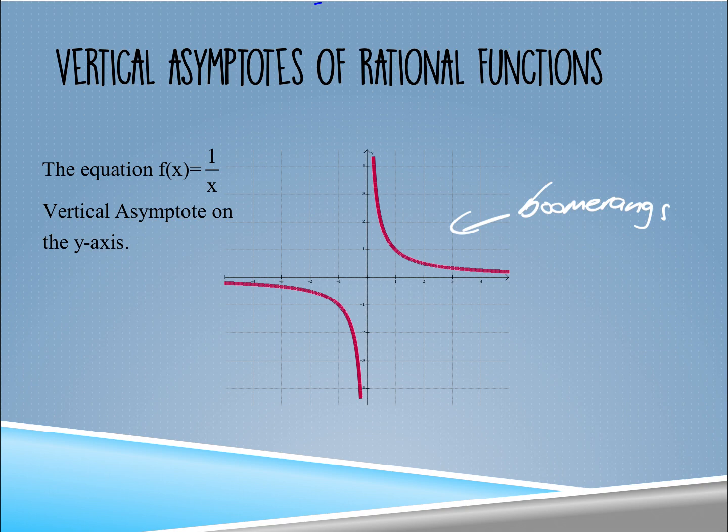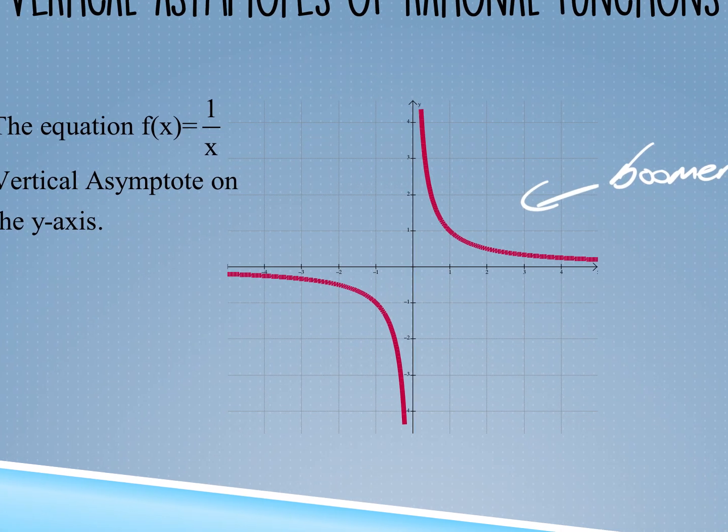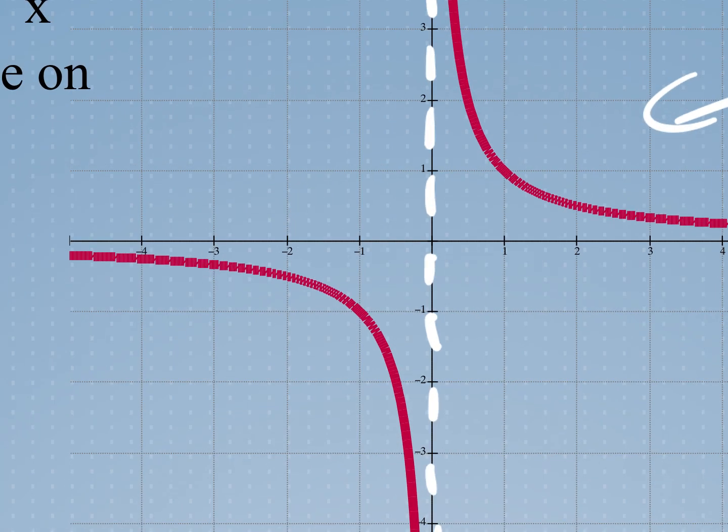In this example, it says the vertical asymptote is the y-axis right here. So this is the boundary line, and if you notice, in red is your graph. Your graph gets really, really close to it, but never does what? Never touches it. Why is that? Well, think about this. The y-axis, what is the x value right there? 0.